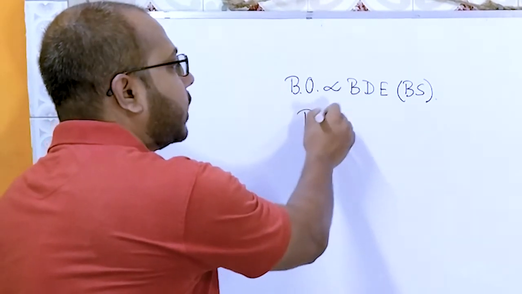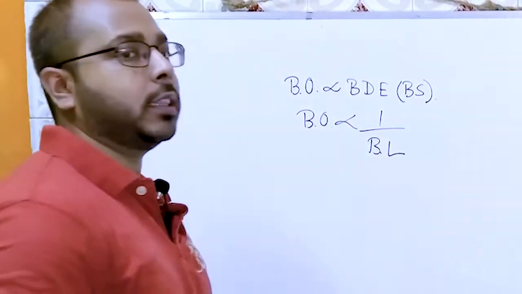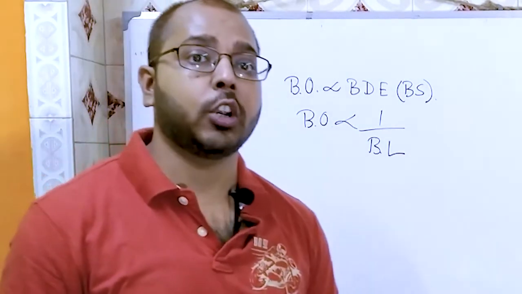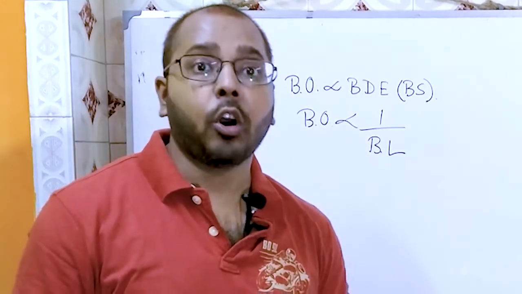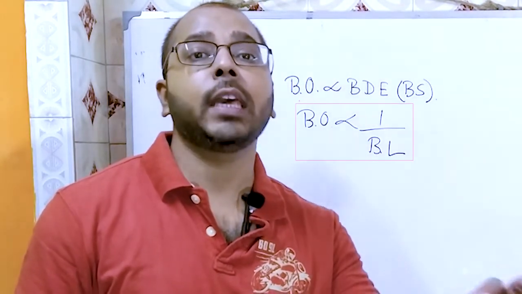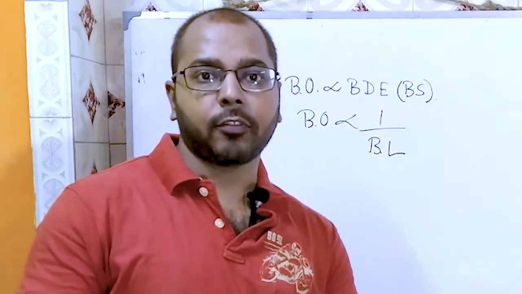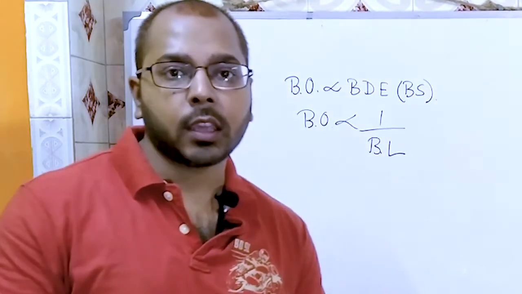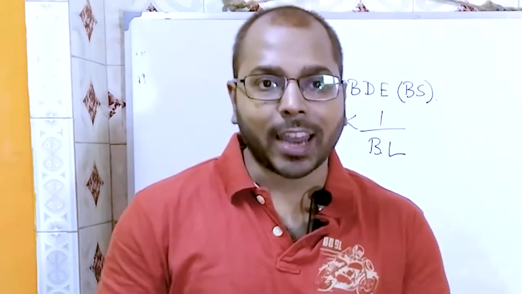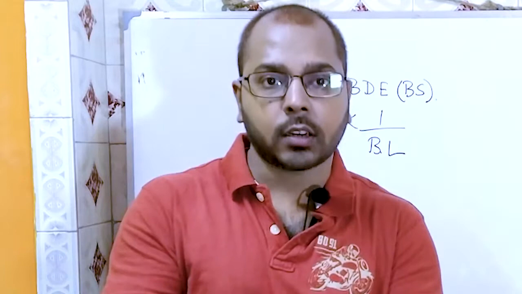And bond order and bond length are inversely proportional to each other. Why? Because if there is an attractive force between you and me, that means the bond length will be shorter.